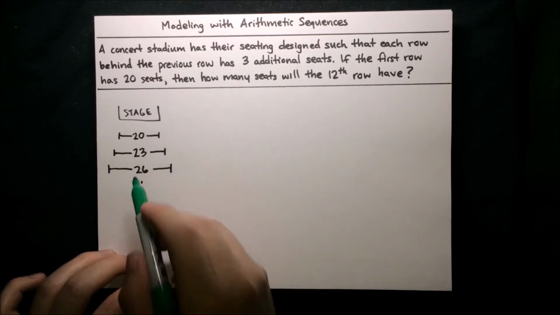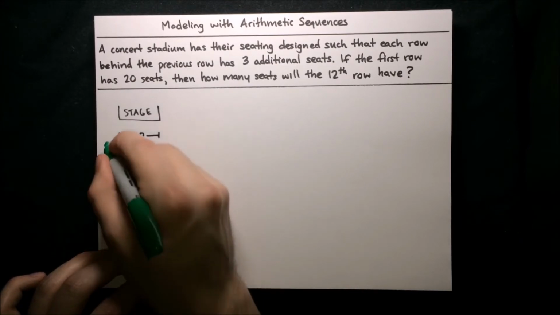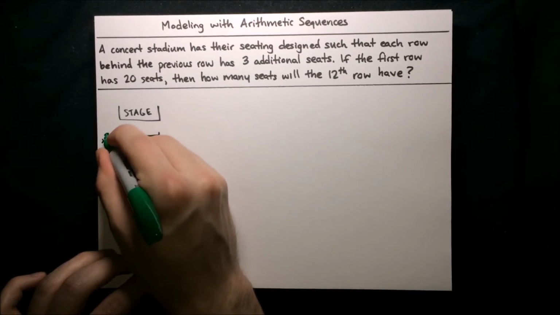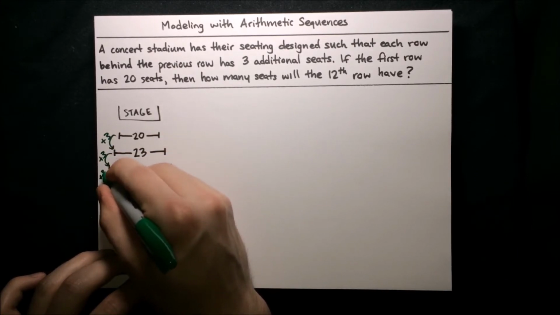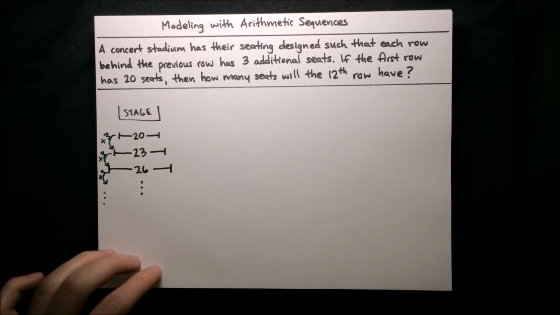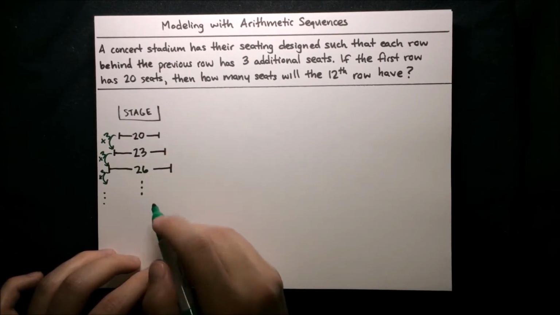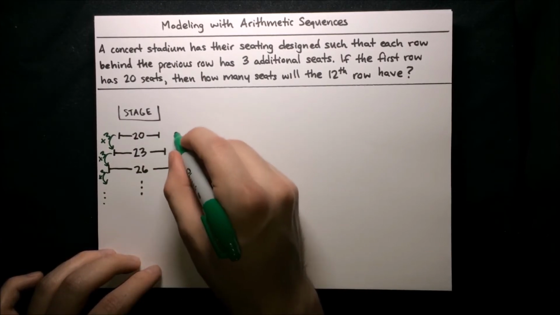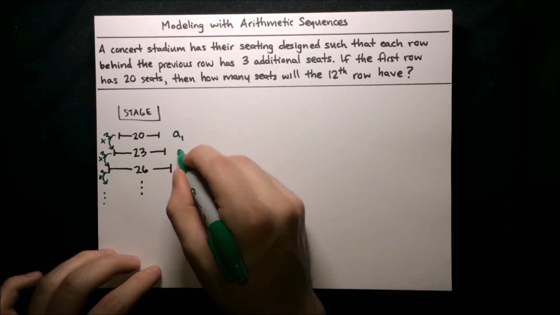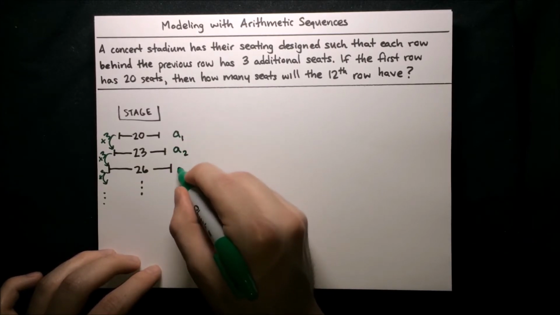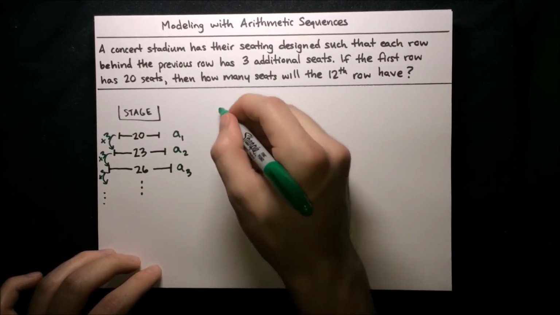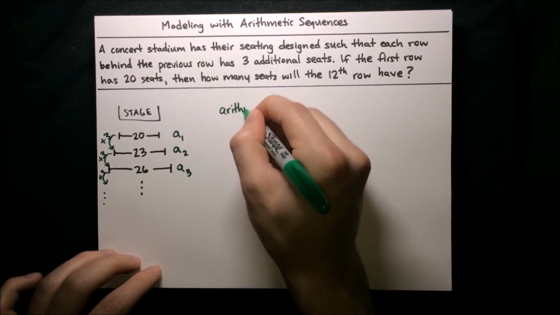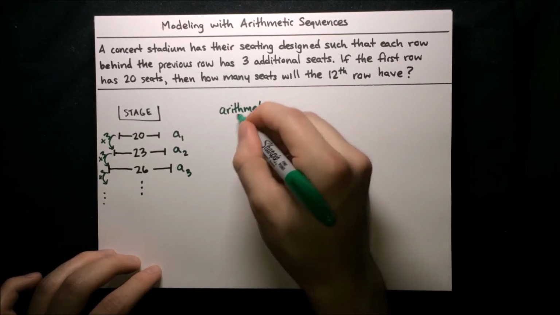Now the key to this problem is to notice that we're just adding 3 seats each time, plus 3, plus 3, plus 3, and so on. And so if we interpret these seating numbers as entries of a sequence, say 20 is A1, 23 is A2, 26 is A3, corresponding to the rows, then we have an arithmetic sequence.